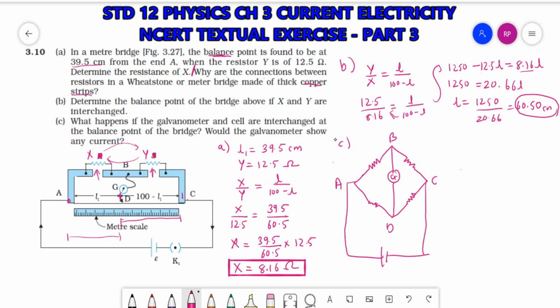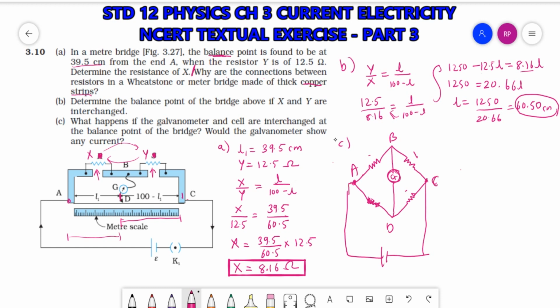Since the bridge is balanced, the galvanometer shows zero deflection. This is the resistance between AB, BC, AD and CD. Now the question is interchanging the galvanometer and battery. Between point A and point C, the battery is connected.